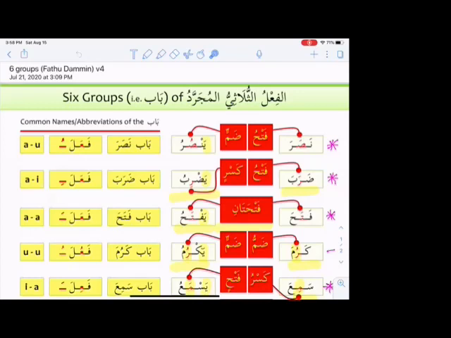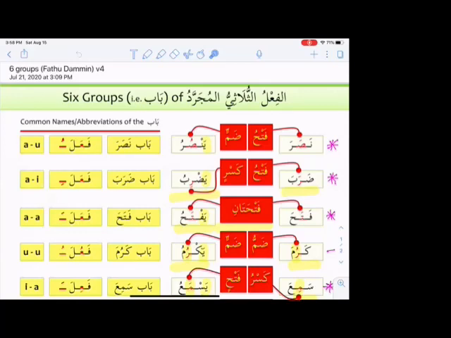Then there are some four-letter verbs that we will learn later. Three-letter verbs are a little complex, and that is why he chose to teach us this first.